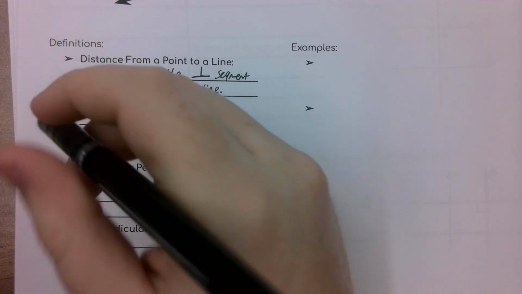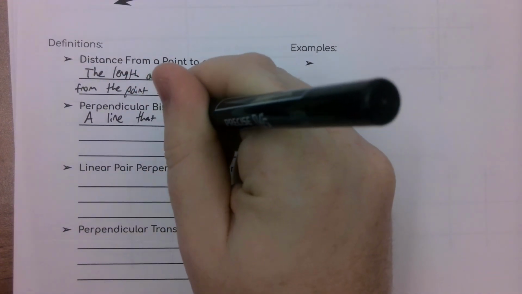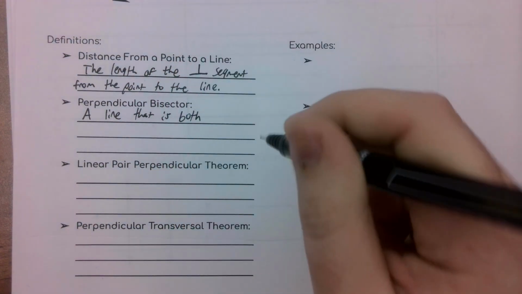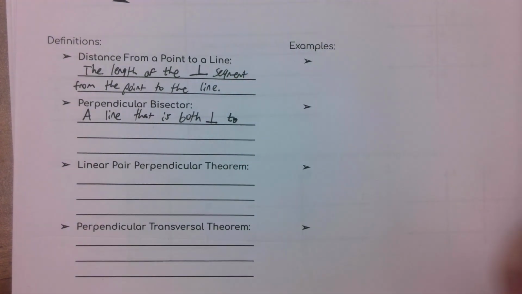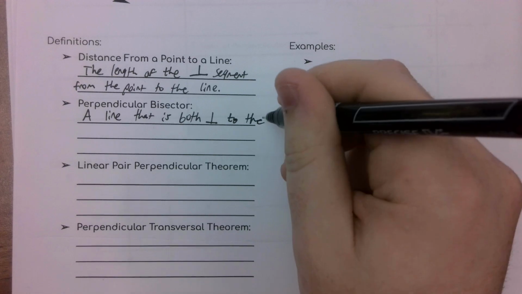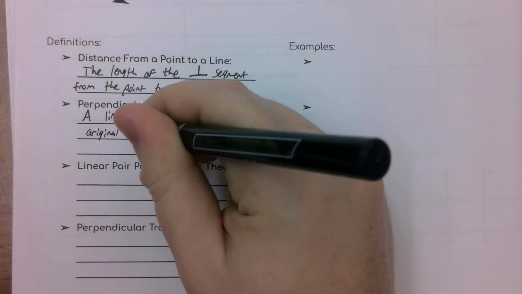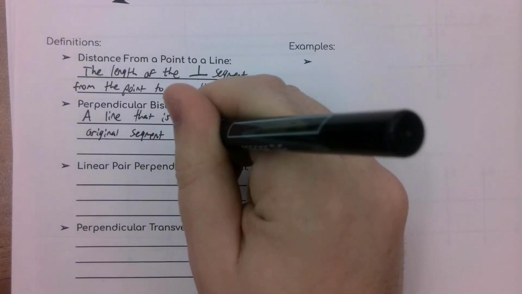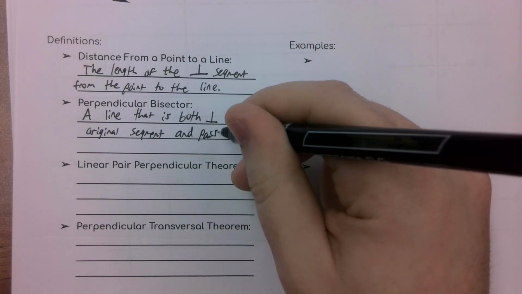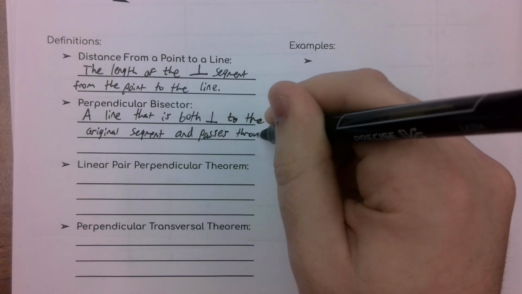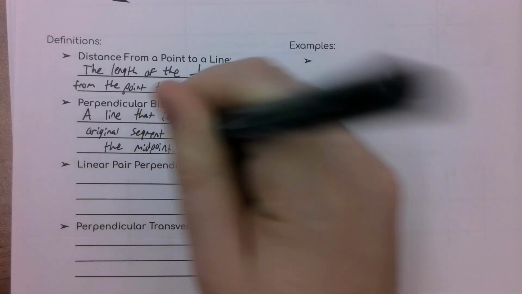So a perpendicular bisector is a line that is both perpendicular to the original segment and passes through the midpoint.